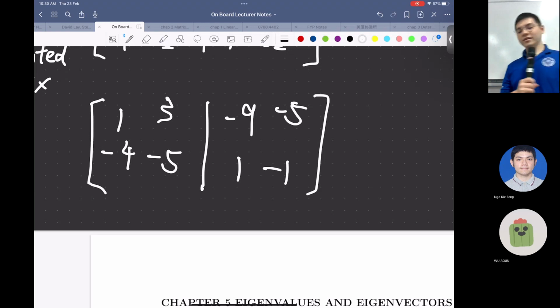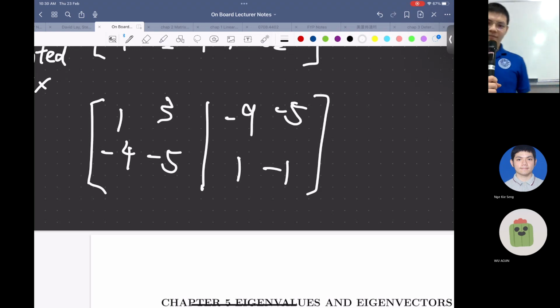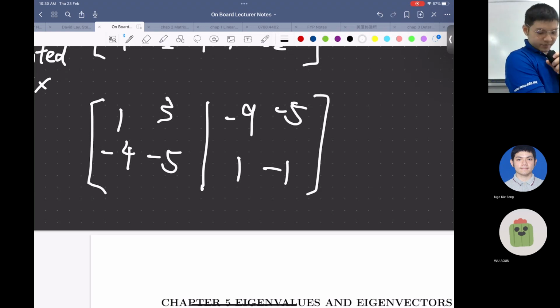I want you to tell me the matrix later. The difference of this big augmented matrix compared to the inverse one is the right-hand side is no longer the identity matrix anymore.